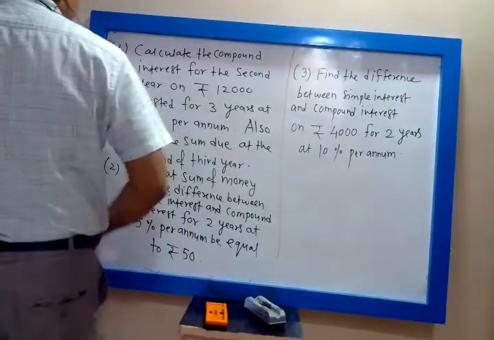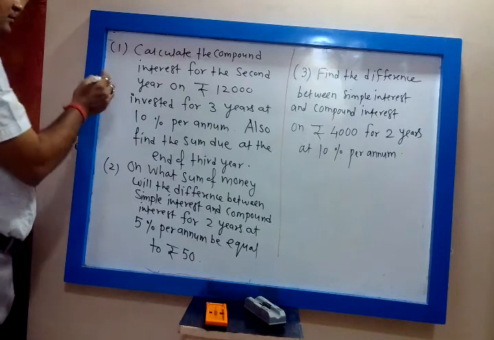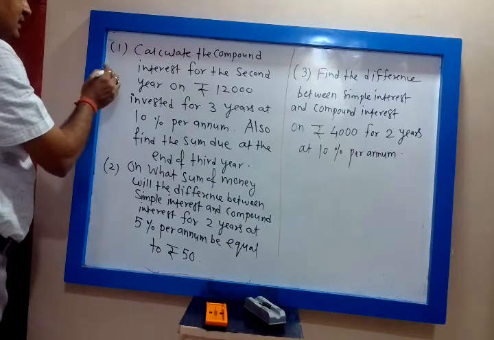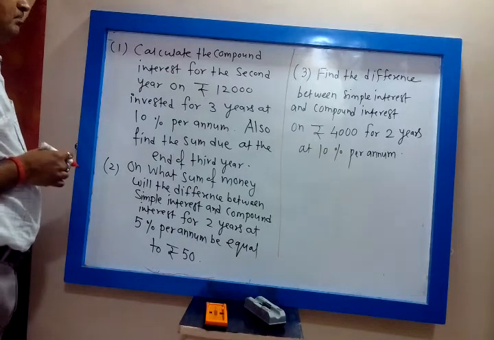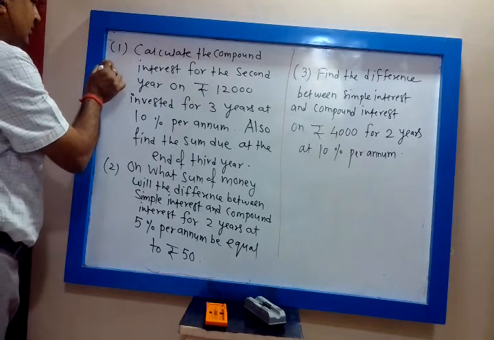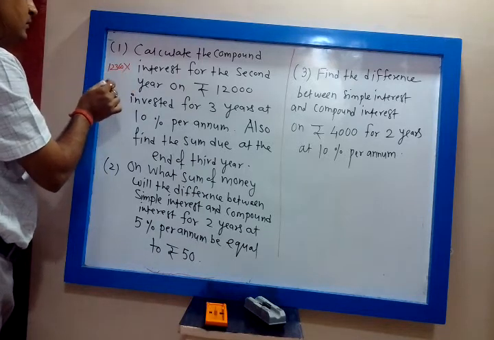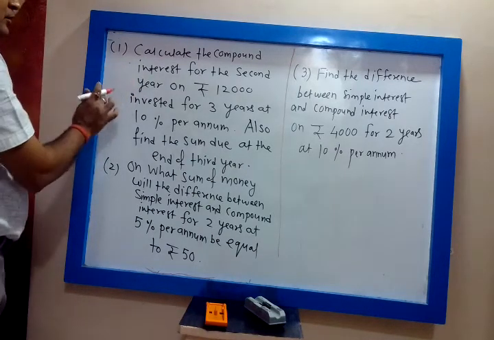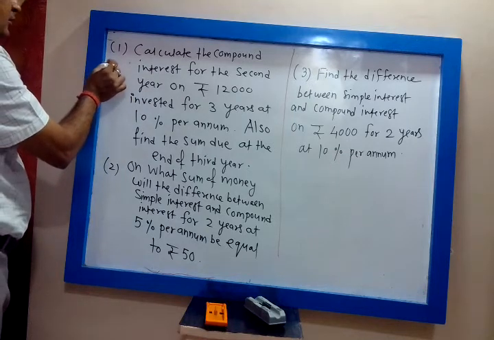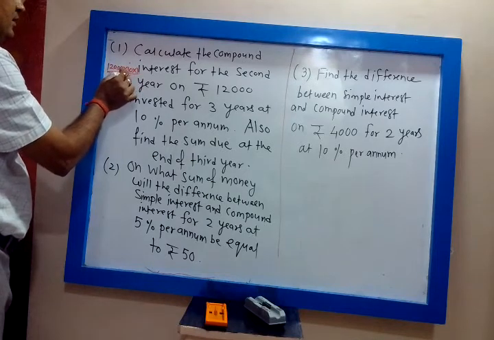So tell me the answer of the first. 12,000 into R into 10 into 1 upon 100.